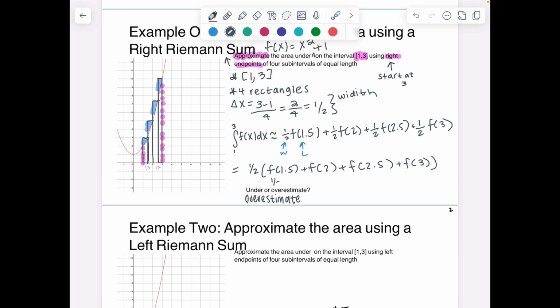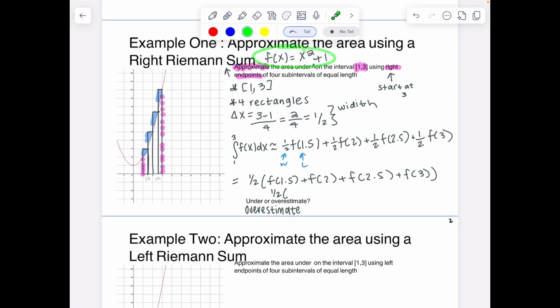So I'm going to have 1/2, and then f of 1.5, I'm evaluating using the equation, which is x squared plus 1. So I'm going to write 1.5 squared plus 1, and then plus 2 squared plus 1, plus 2.5 squared plus 1, plus 3 squared plus 1.